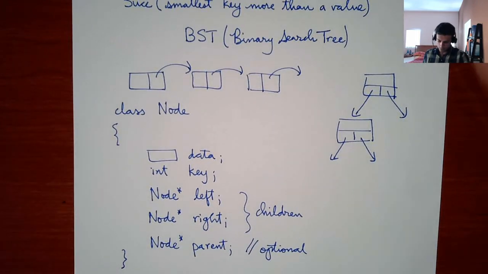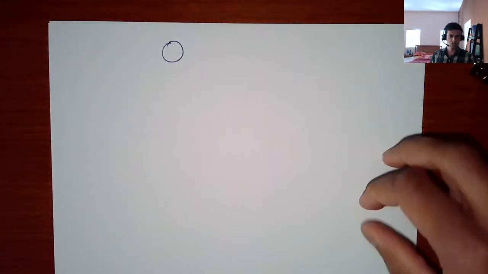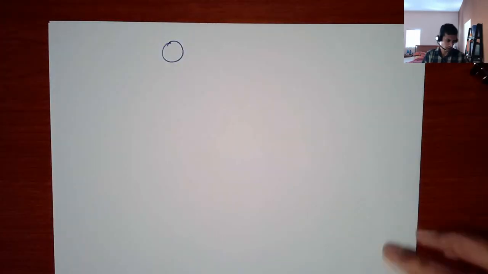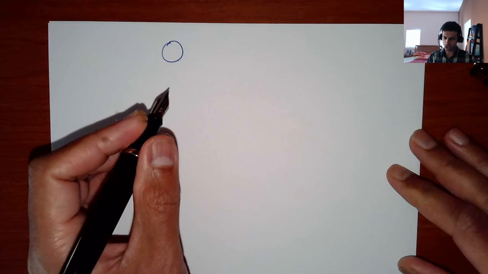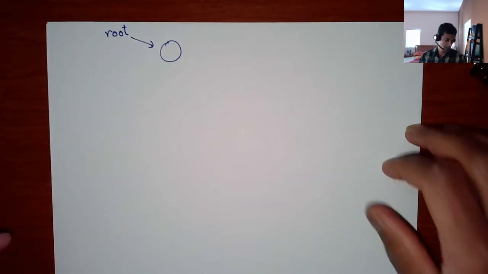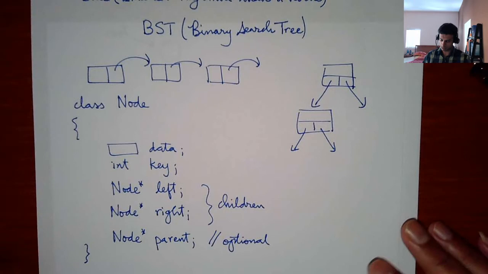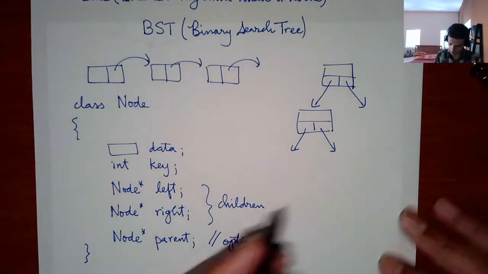And the way that we'll draw out the binary search tree is, I'm going to use circles because that is conventional. There's a circle at the top, which is often called the root. That's at the top of the tree. And just like in a linked list, where one had a head, here you have this class node.